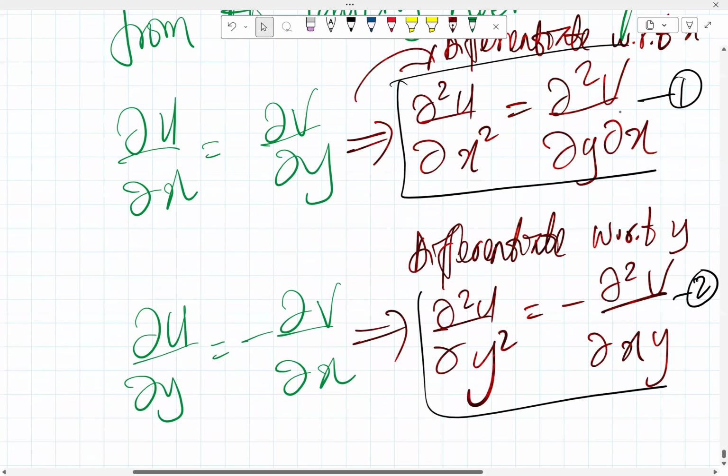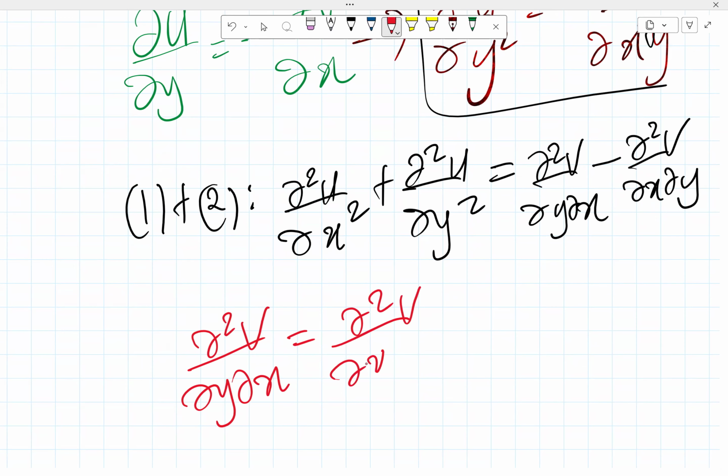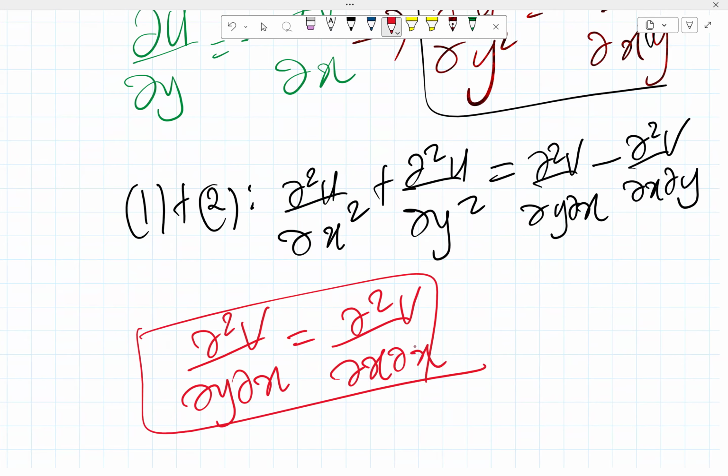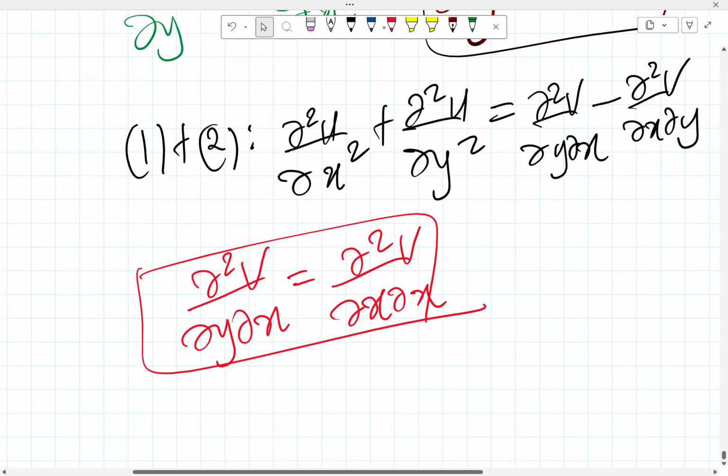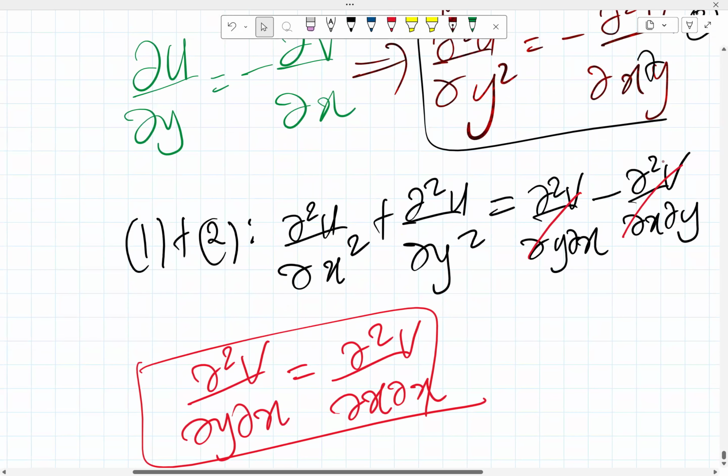By the way, partial squared v, partial y, partial x is the same thing as partial squared v, partial x, partial y. They are the same. If you take any function and differentiate, whatever you differentiate first, it doesn't matter, you get the same result. So these two are essentially the same thing.